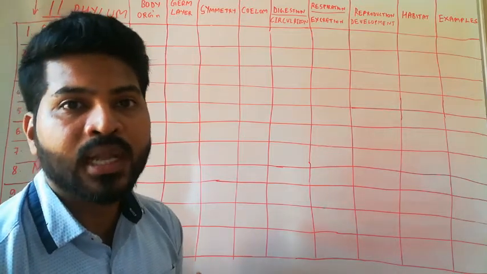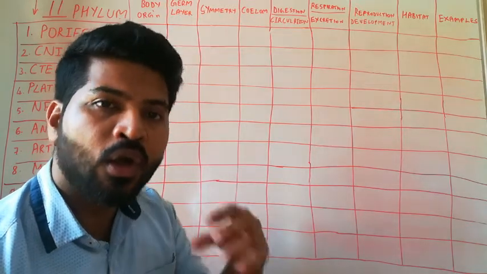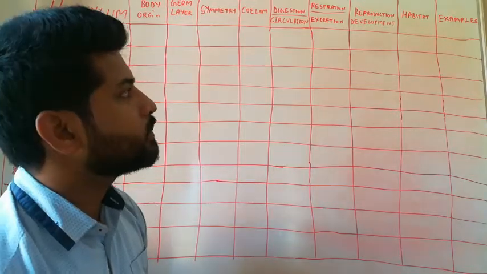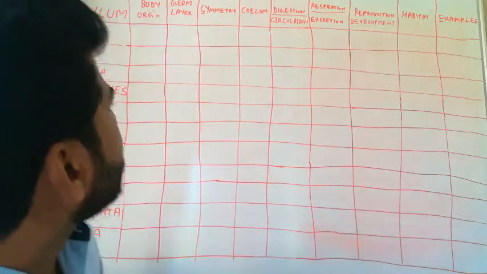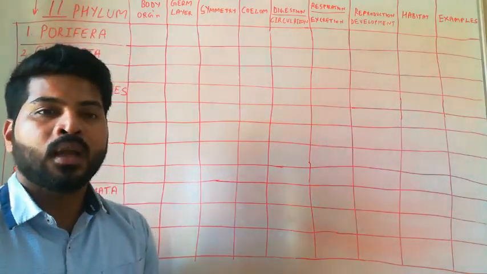If fertilization takes place, is it internal fertilization inside the body, or external fertilization outside the body, and habitat and examples. So that is what we will be studying in today's session.